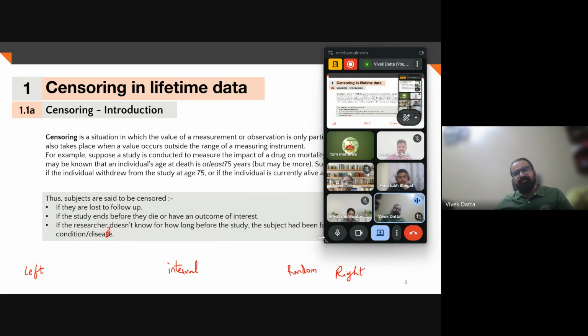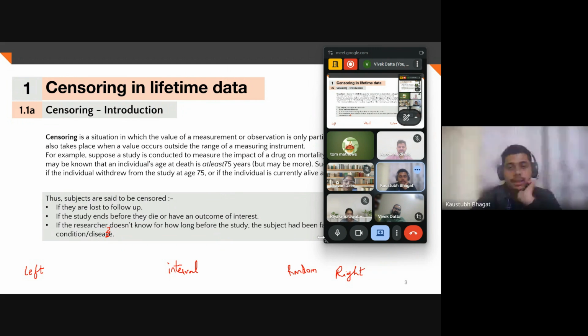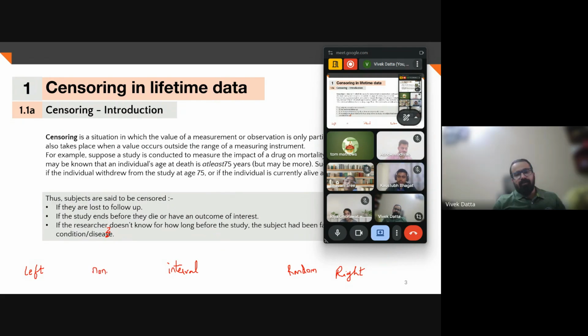What else? Sir, anything related to available information, like as you said. Both is tough and I'm not able to articulate it in a particular word. Non-informative and informative.